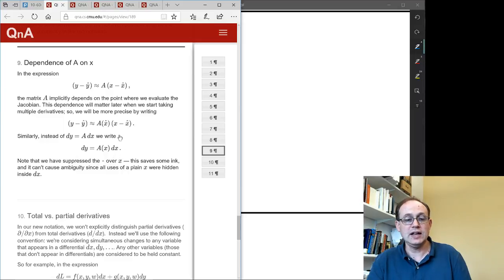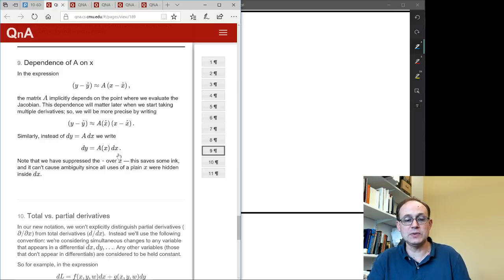So here, instead of x hat and x, we're going to have x and the change in x. In this expression where we have x and x hat, x is where we're evaluating the Taylor series. Here, the change in x is x minus x hat, and here the change in x is dx.